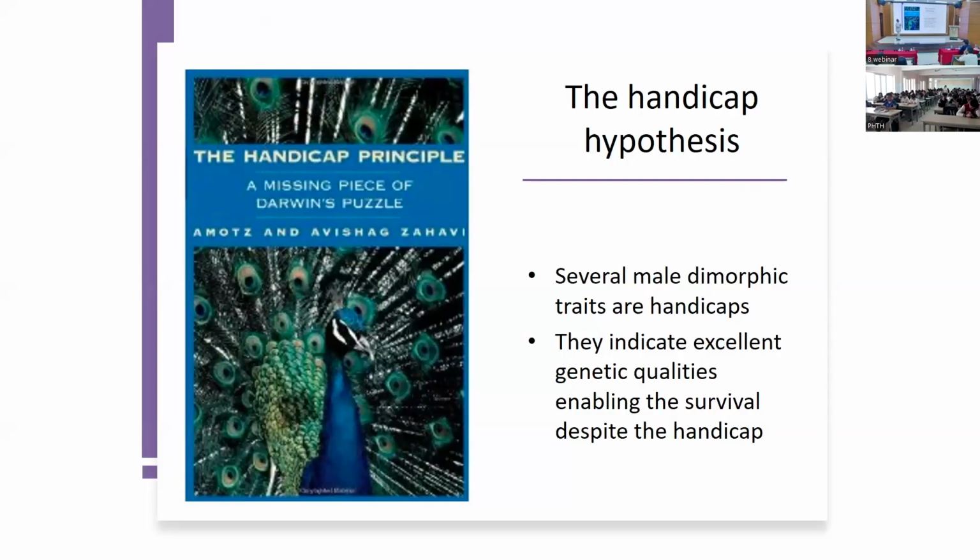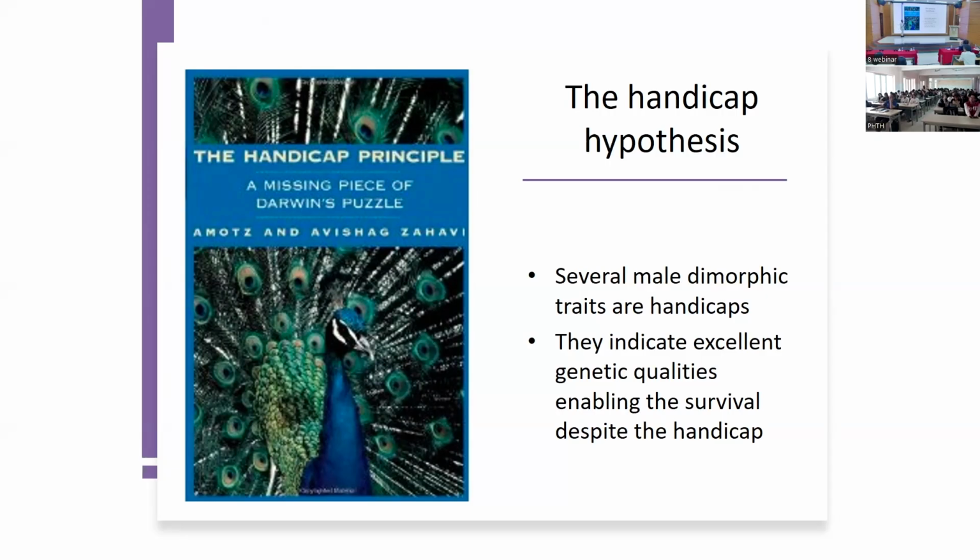Then there is another thing that I wanted to introduce, which is very, very complex. So I need your attention because it's not easy to understand. These two guys, Amotz and Avishag Zahavi from Israel, wrote this very, very interesting book.